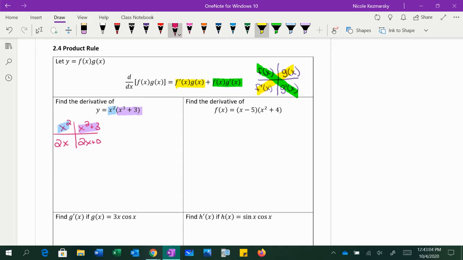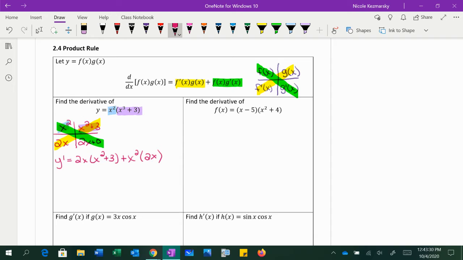Then I'm going to go ahead and do my diagonal. So I'm going to do the yellow diagonal and get that y prime equals 2x times x squared plus 3. Plus, then I'm going to do the green diagonal. And that's going to get me x squared times 2x.